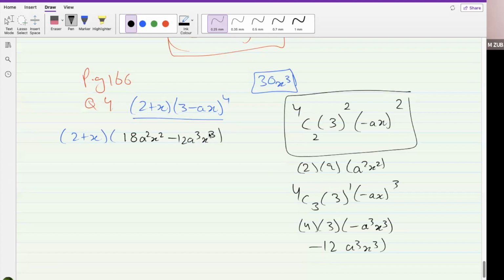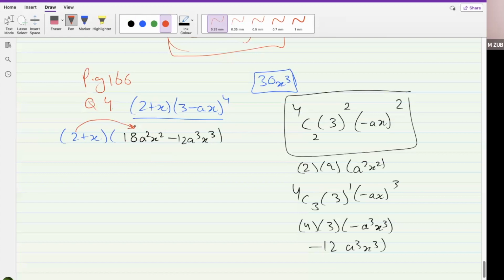We have ignored all the other terms. Whenever the power of x is higher than 3, like x4, we don't need it. If the power of x is 1 or 0, we don't need it, because we are only interested in x cube.